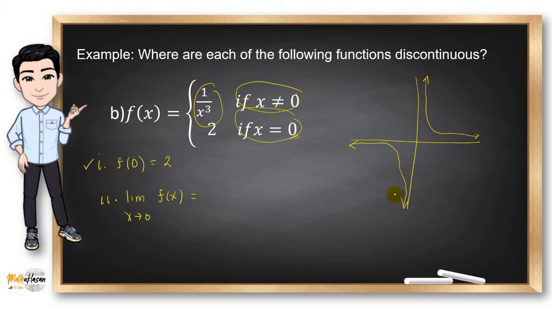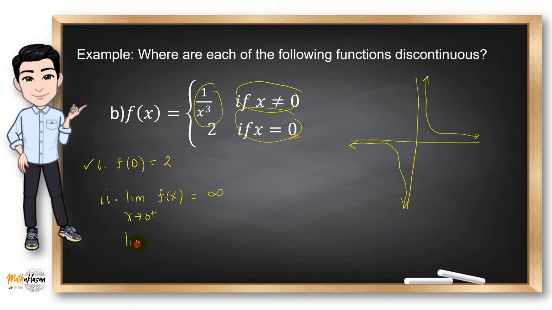Ayan. At alam natin dun sa mga limit properties na pinag-uusapan natin, kapag yung denominator natin dito ay nagiging 0, alam naman natin na ang limit niya as x approaches the value of 0 from the right side, di ba, is positive infinity.